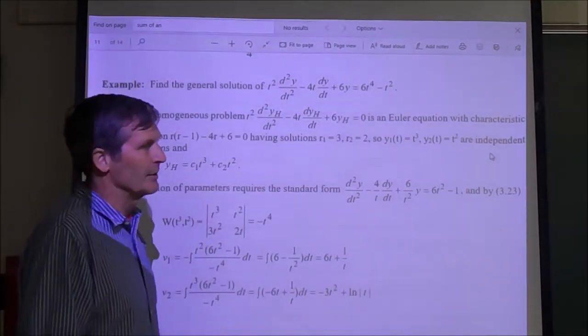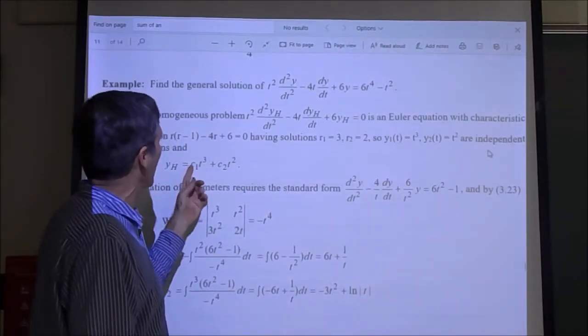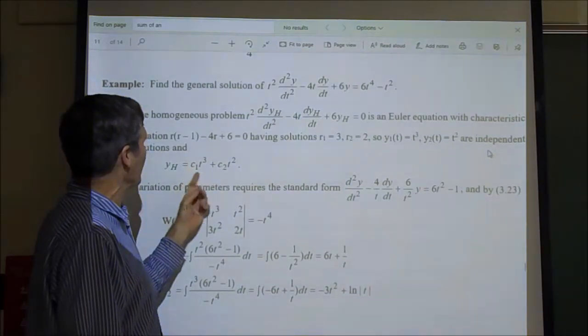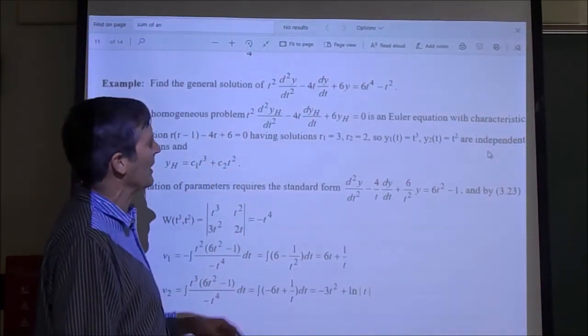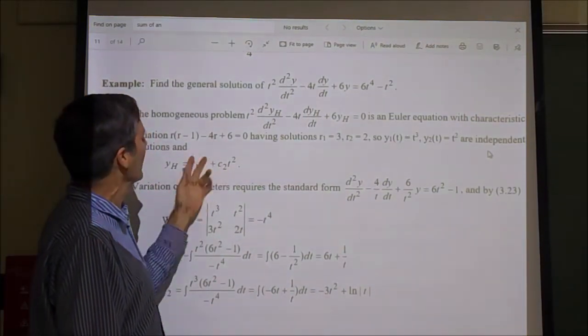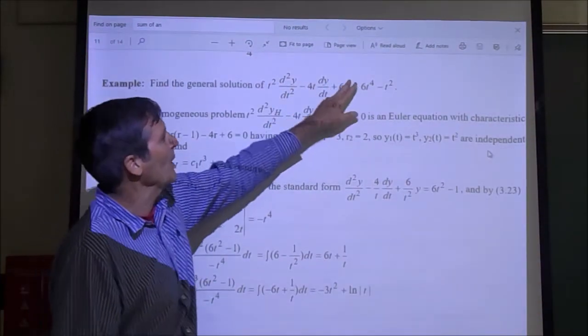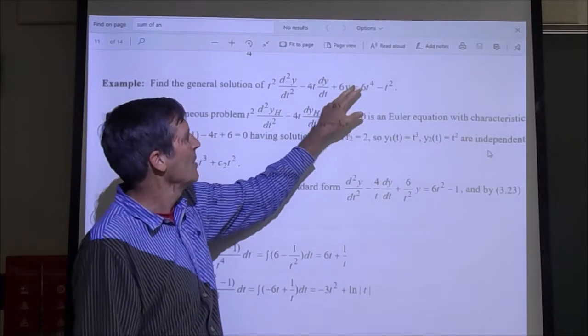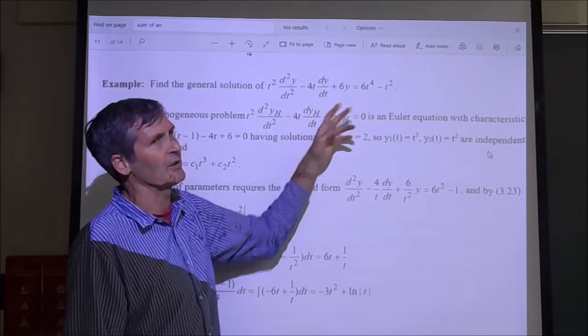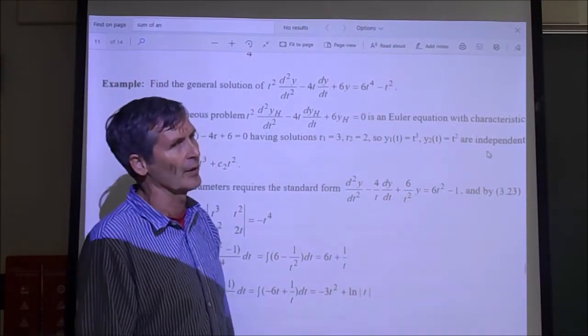Well, we're going to do Euler equations shortly, but for now we'll just say that it turns out the homogeneous problem has solution c1 t cubed plus c2 t squared. The right-hand side is actually in the table of undetermined coefficients, but unfortunately this isn't constant coefficients, so once again our previous technique doesn't work.